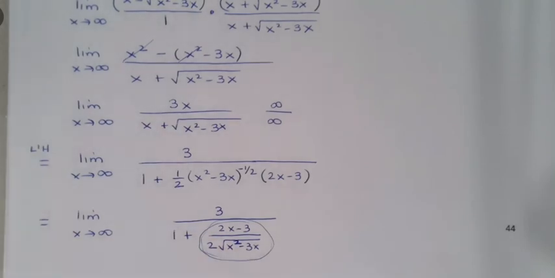I'm going to get a new square root, right? And this little piece right here is still infinity over infinity. It's still indeterminate. And I'm going to continue to get indeterminate form after indeterminate form if I continue to try to use L'Hopital's rule on that.